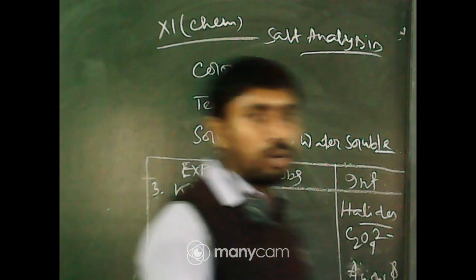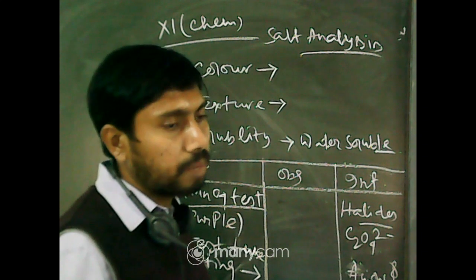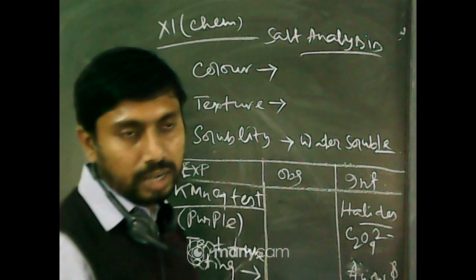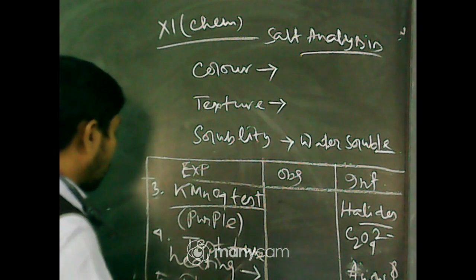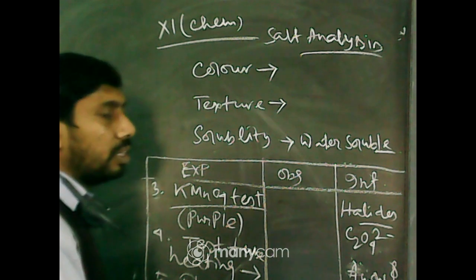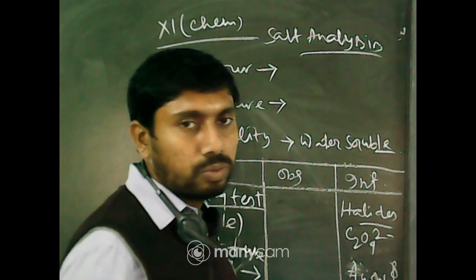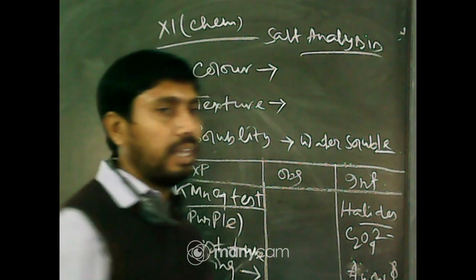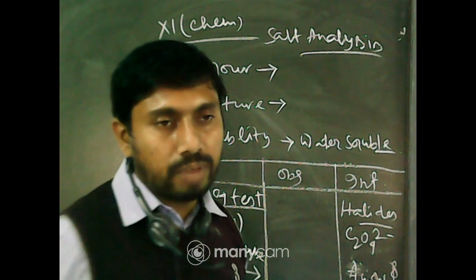You have to take concentrated HCl on a watch glass, and for this platinum wire is required. It will be available in the market. The platinum wire should be dipped in the HCl solution, touched with the solid sample, and then held over the Bunsen burner flame.